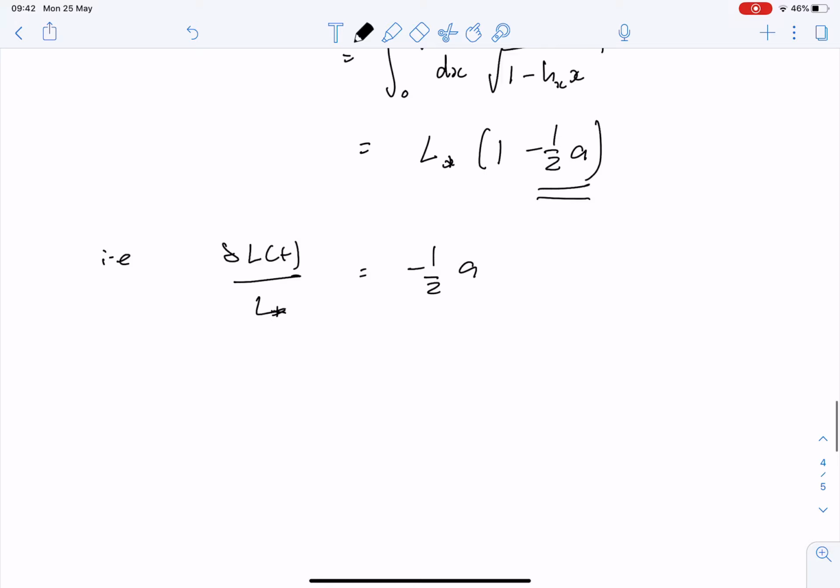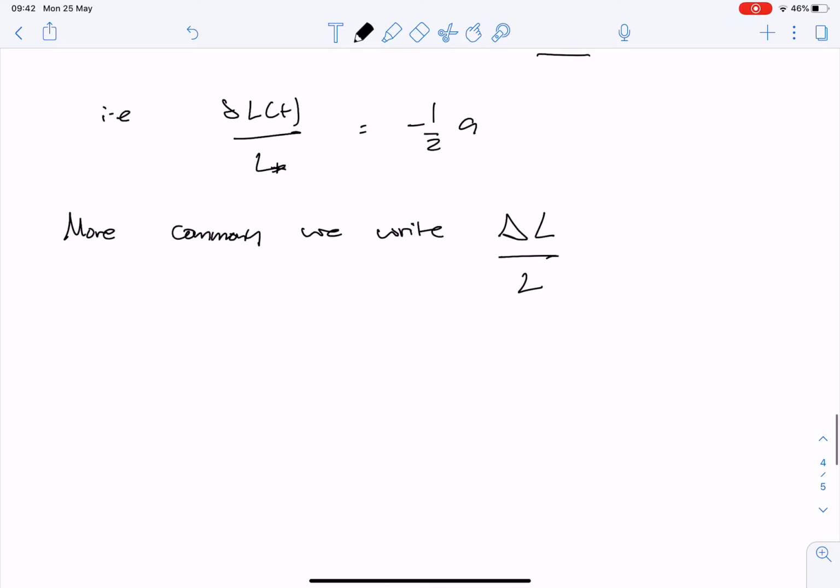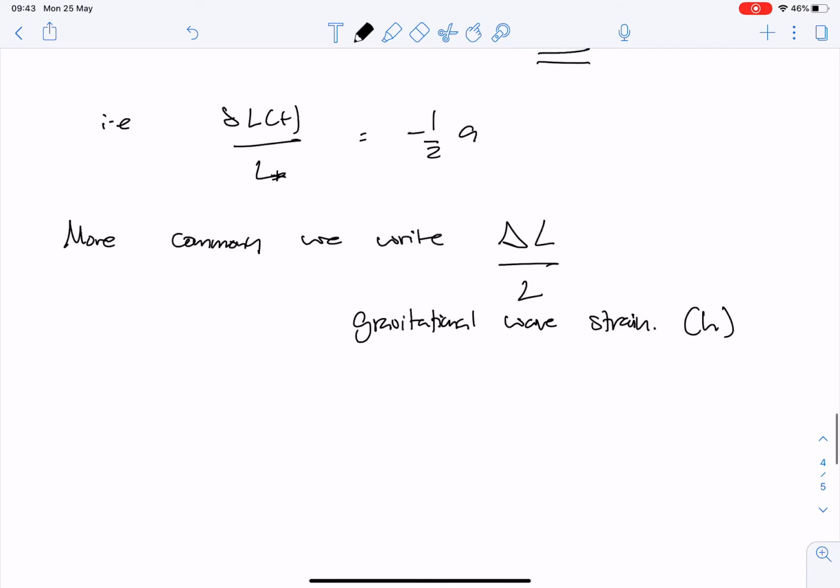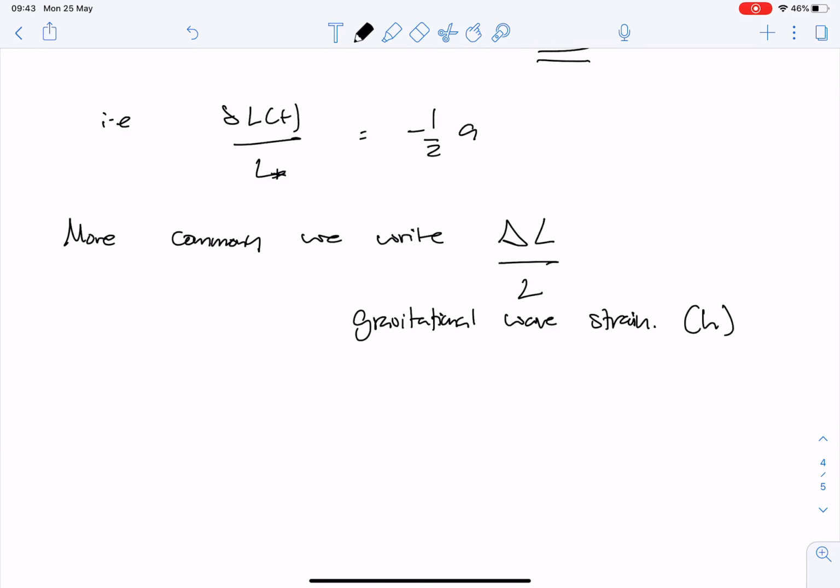And more commonly, we'll write this as delta L over L, and that's a quantity known as the gravitational wave strain. You'll also see that essentially as H, that is your perturbation, if you like. And so you can see that if you want to detect a small delta L, then a large L helps.